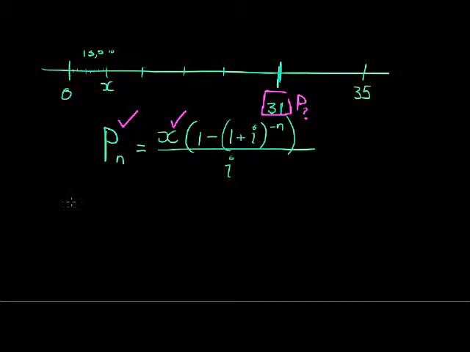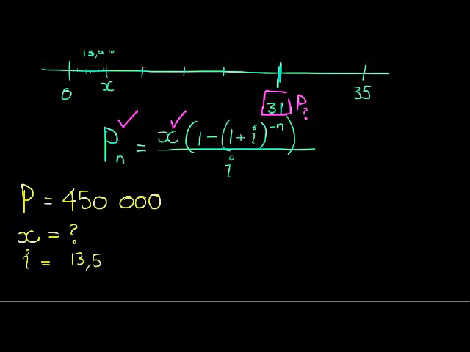Okay, so we know that he took out a loan of $450,000. So the present value is $450,000. We don't know what his repayment amount is. We know that the interest that is charged is 13.5%, but that amount must still be divided by 12 because he's making monthly payments.